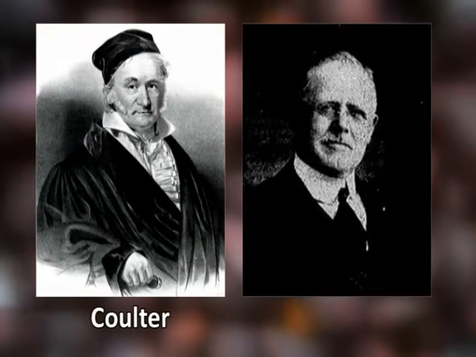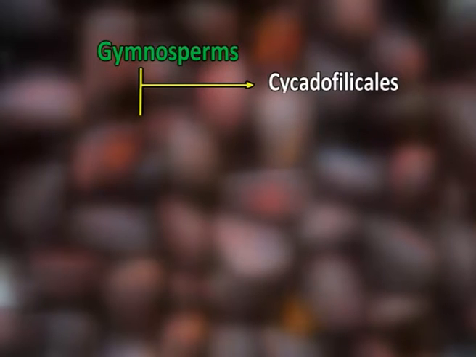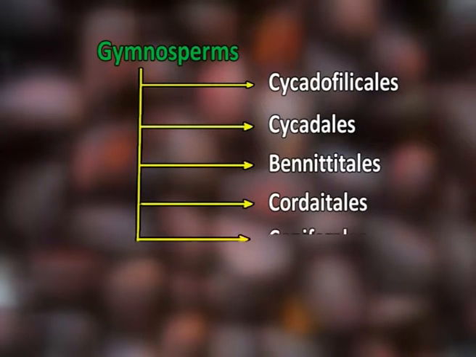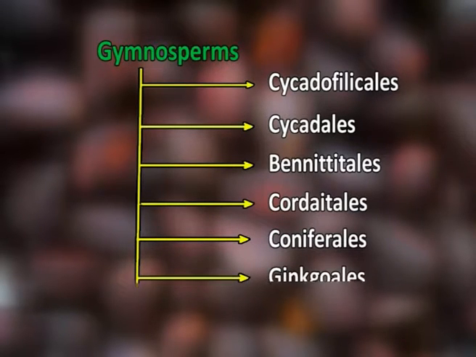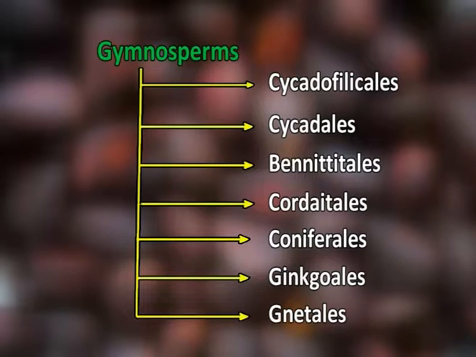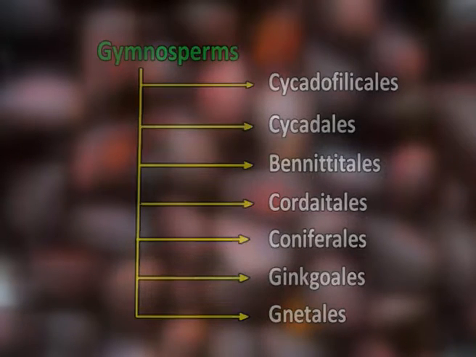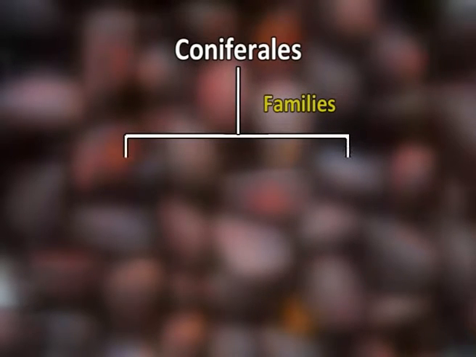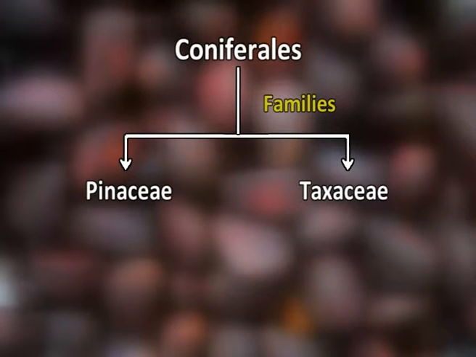Coulter and Chamberlain in 1917 adopted Engler's system with slight modifications and divided gymnosperms into 7 orders, namely 1. Cycadofilicales, 2. Cycadales, 3. Bennettitales, 4. Cordaitales, 5. Coniferales, 6. Ginkgoales, and 7. Gnetales.